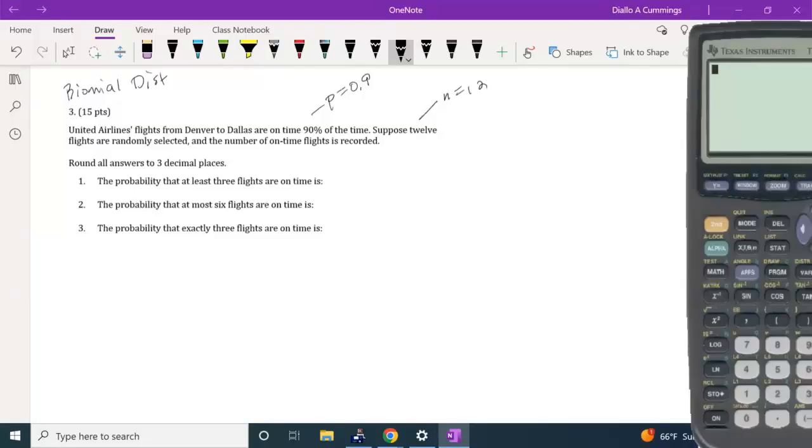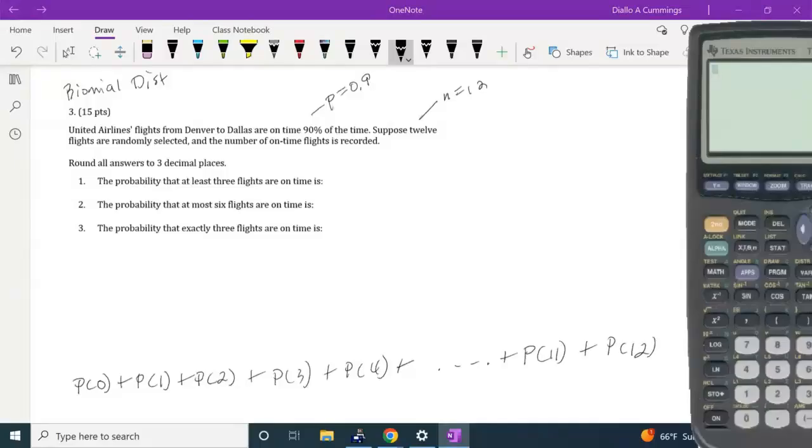So A says find the probability that at least 3 flights are on time. So kind of what I did before when we were going through this, I'm going to just put the probability of 0 plus the probability of 1 plus dot, dot, dot, plus the probability of 11 plus the probability of 12.